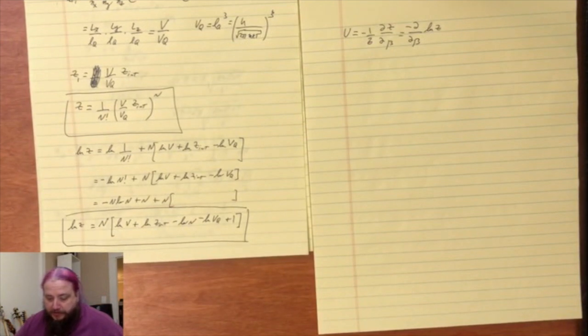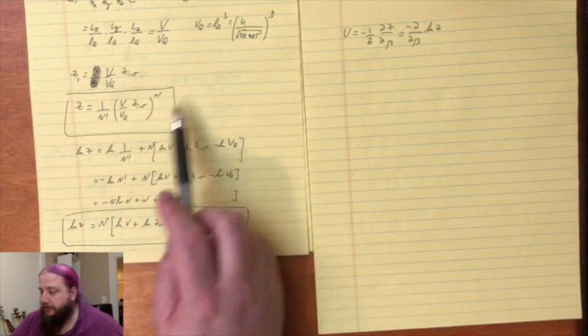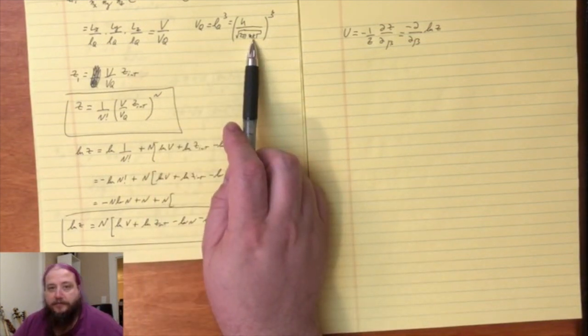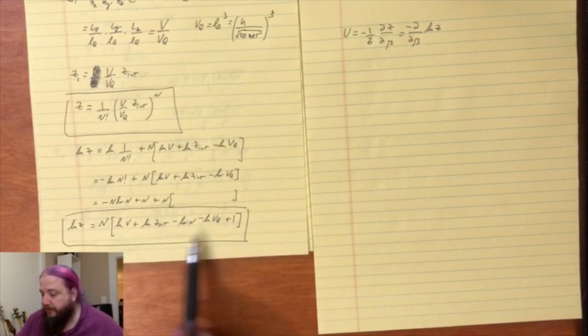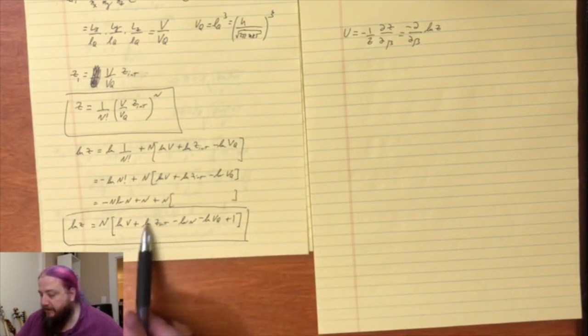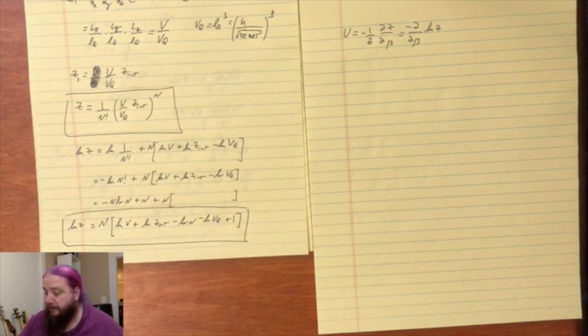And what else is a function of temperature? Well, our quantum volume is a function of temperature because our quantum length here is a function of temperature. So of these terms, the z interior term and the quantum volume term are functions of temperature, but none of the other terms are functions of temperature.